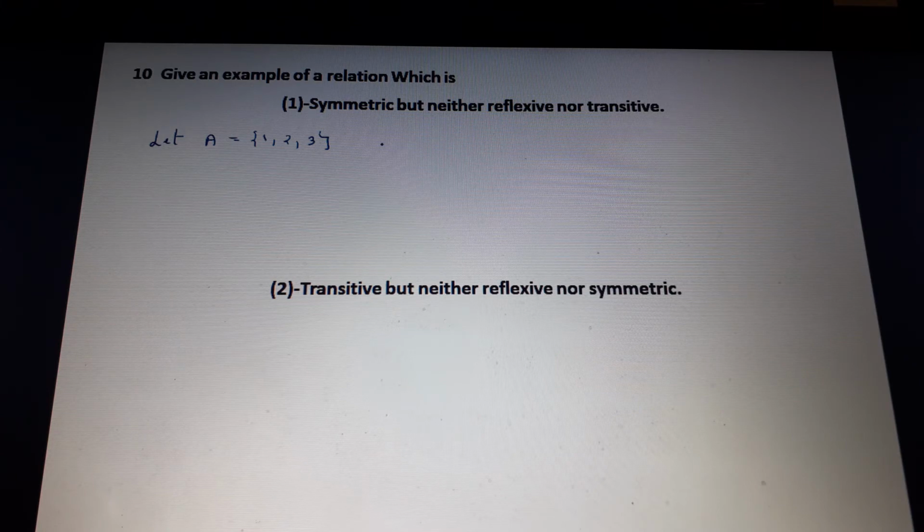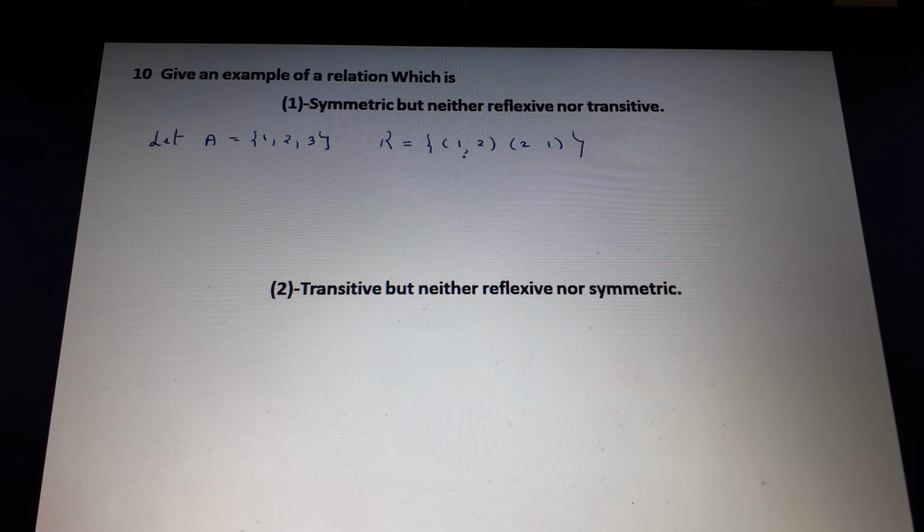So listen carefully, R equal to, I will take (1, 2). Since it should be symmetric, I will write (2, 1). Now this is not reflexive because (1, 1) is not there, (2, 2) is not there, (3, 3) is not there, etc. Even if (1, 1) is not there, it is sufficient. It is not transitive because (1, 2) is there, (2, 1) is there.